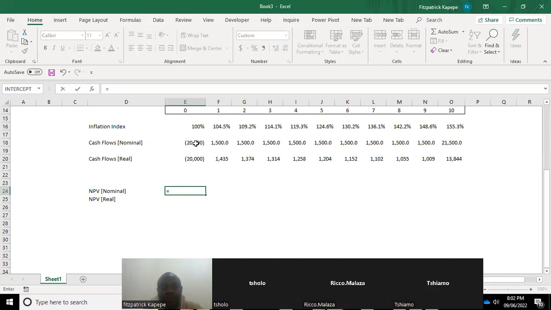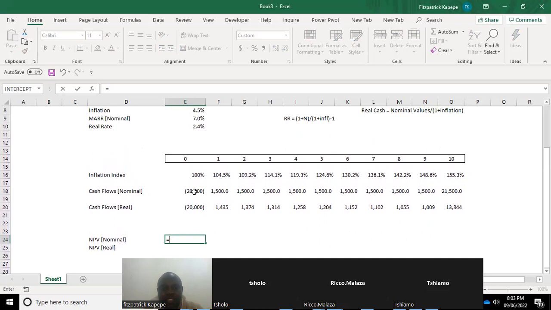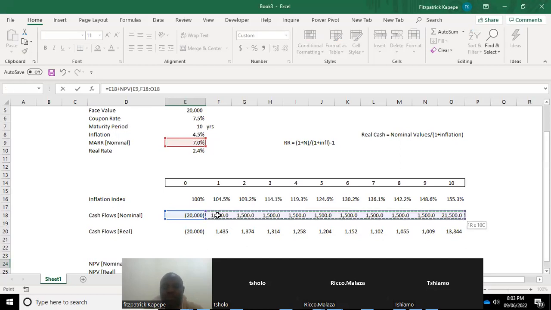So say you pick your investment. Plus NPV. This is your NPV function. They want you to get the rate. You have the rate, which is this one, the 7%, the annual rate, comma. Then you pick the values from year 1 up to year 10.